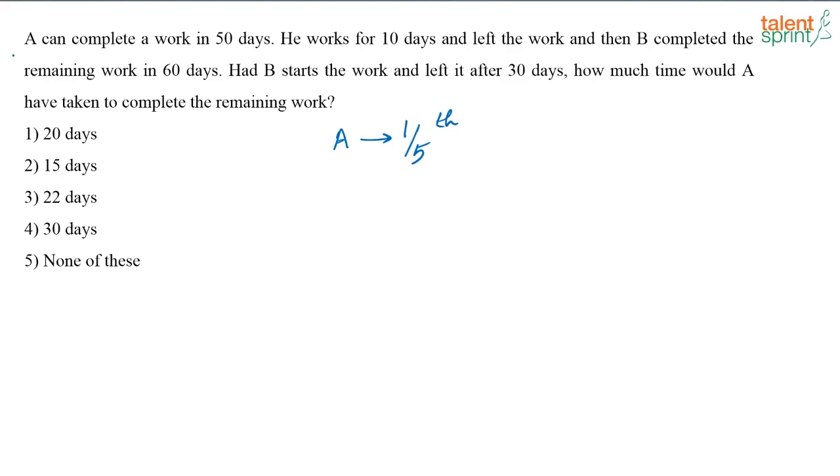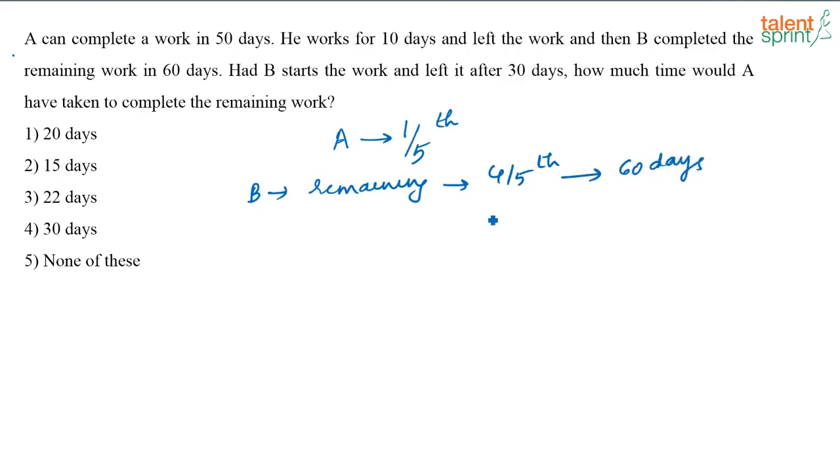So what part of work is remaining? So A has completed 1/5 of the work. Remaining is 4/5 of the work. Now to complete this 4/5 of the work, B takes 60 days. Okay. So to complete 4/5 of the work, B is taking 60 days.